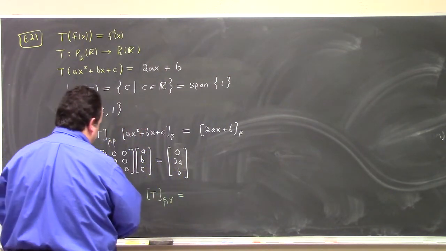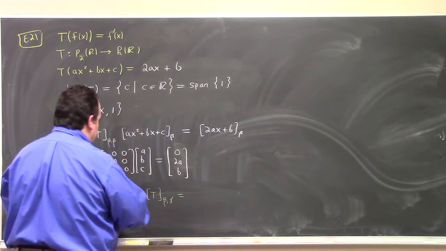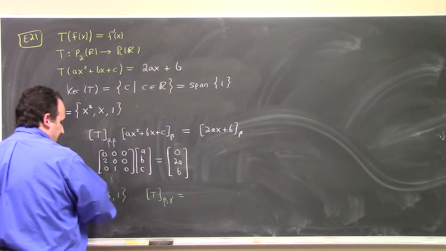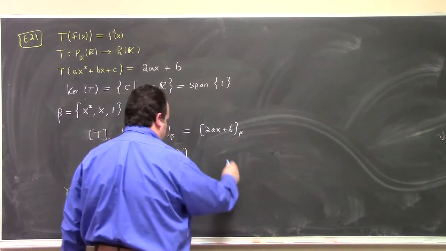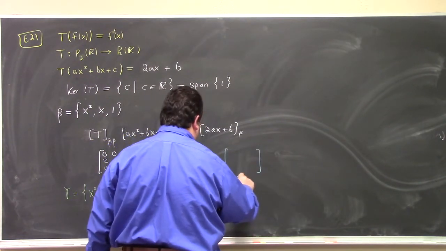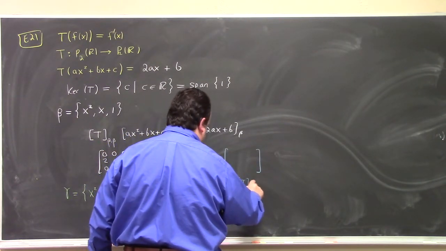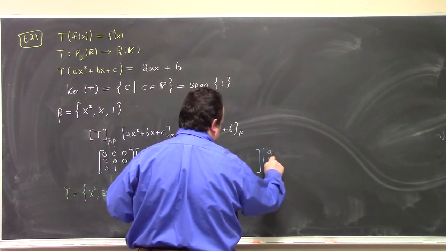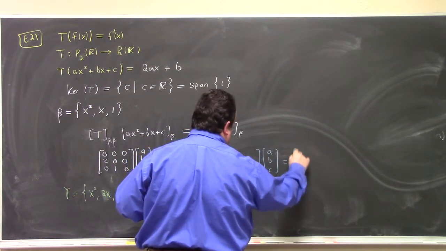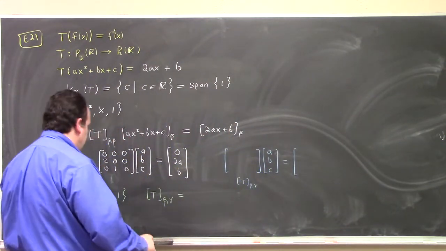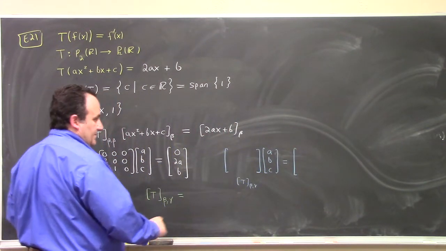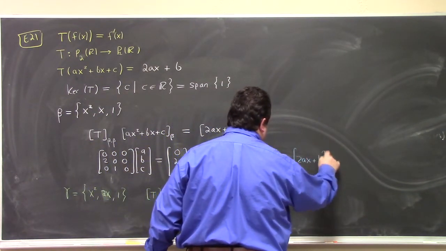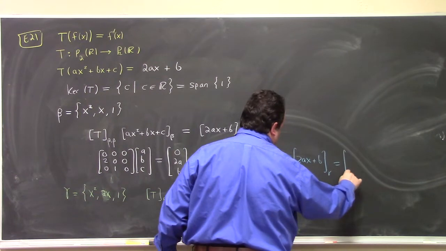Let's see. To figure that out, let me write a separate calculation over here. We're trying to figure out what the matrix is. So the coordinates in the domain, a, b, c, if I use basis x squared, 2x, 1, I've got 2ax plus b with respect to the gamma. What's the coordinate vector of that?